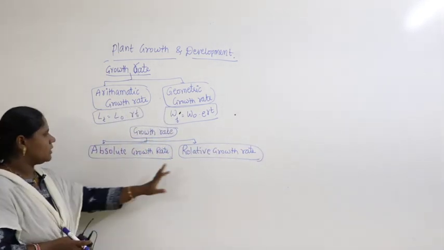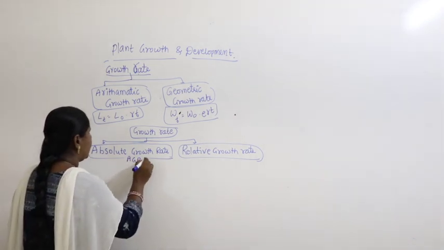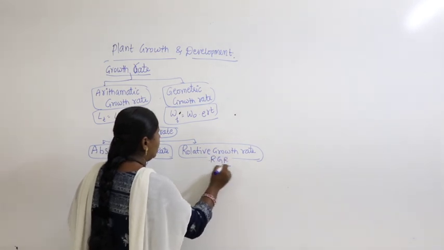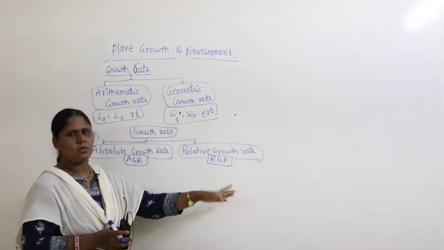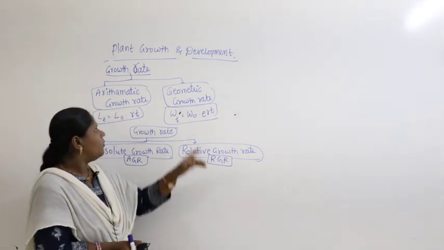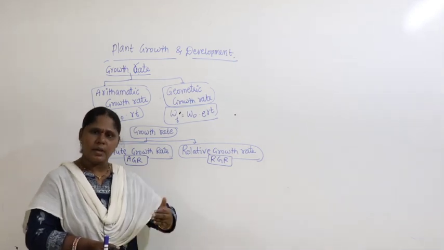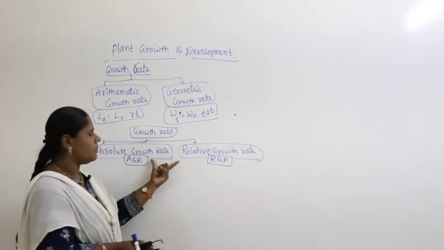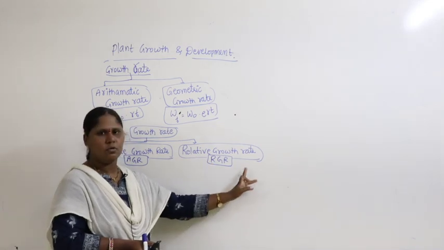Okay, what are the two things we have to study? Absolute growth rate, AGR we call absolute growth rate, and another one is called RGR, relative growth rate. Absolute growth rate and relative growth rate, what are these? For the last class we studied arithmetic growth rate and geometric growth rate. Growth rate also can be measured by taking into consideration two more parameters called absolute growth rate and relative growth rate.